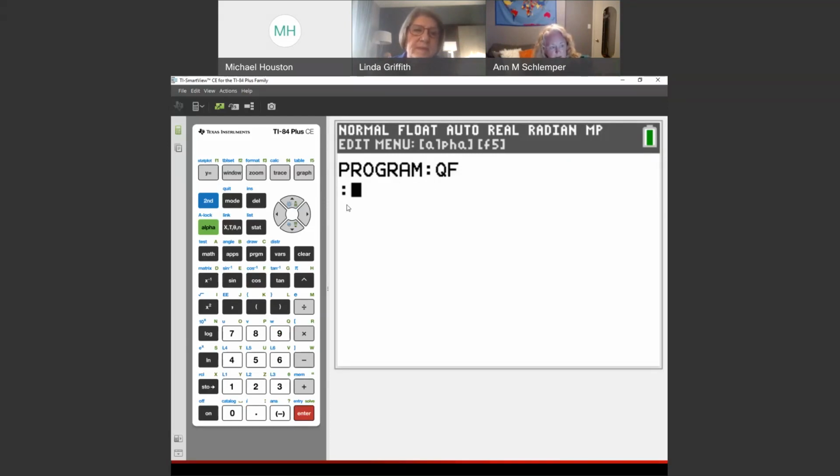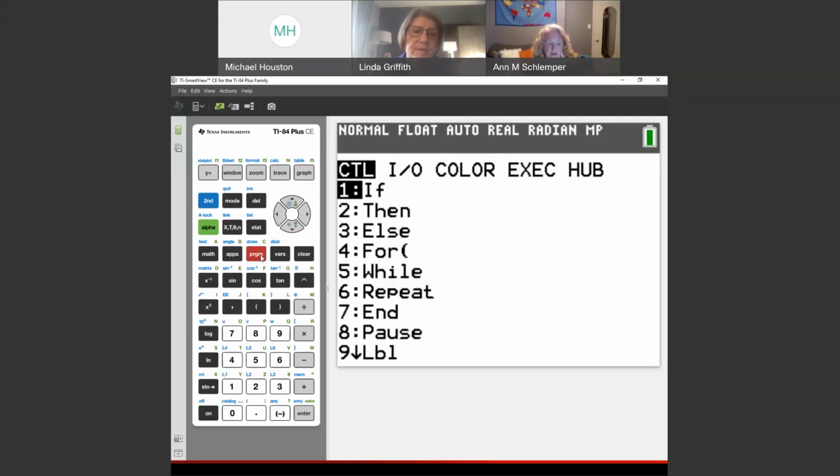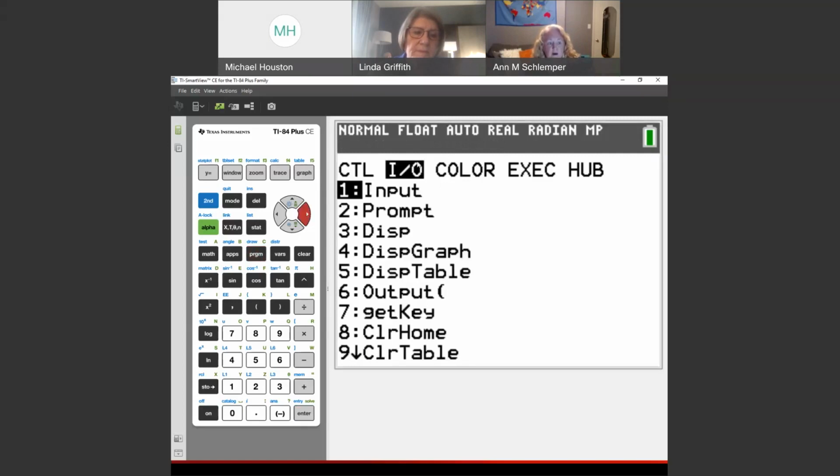Now that we're in program, you'll pull it up and you'll see, if you're a programmer, all these loops and things. Then we have I/O, which is input output. There are other things over here that we don't need unless you're using the TI Innovator. So let's go down. We want them to input, or you can prompt.